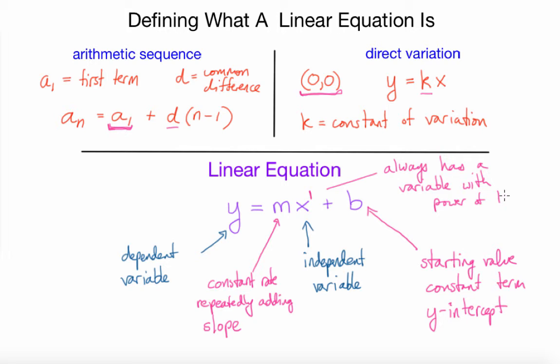It could be any variable, but it's just to the first power. If we have a power of 2 or a power of 3 or a fraction power, then we have a whole other type of equation going on, and eventually you'll learn more about that in your algebra class. But linear equations have a variable to the first power.